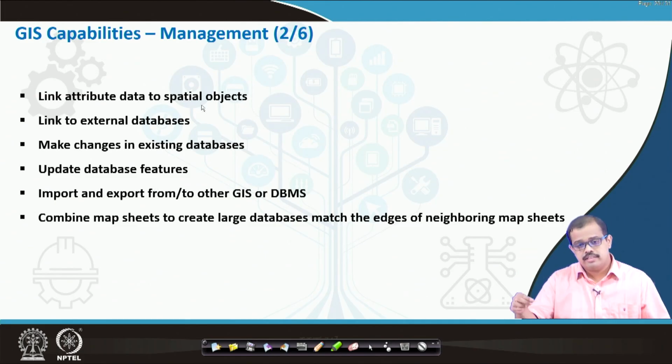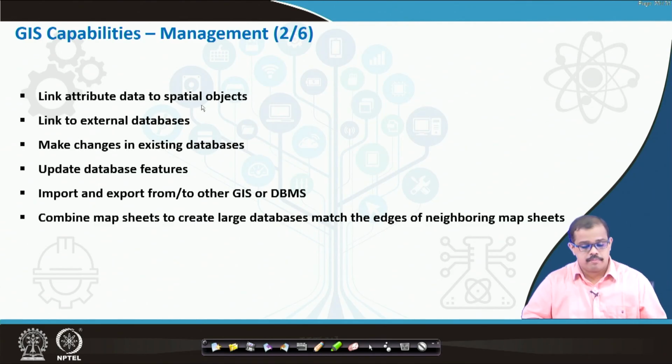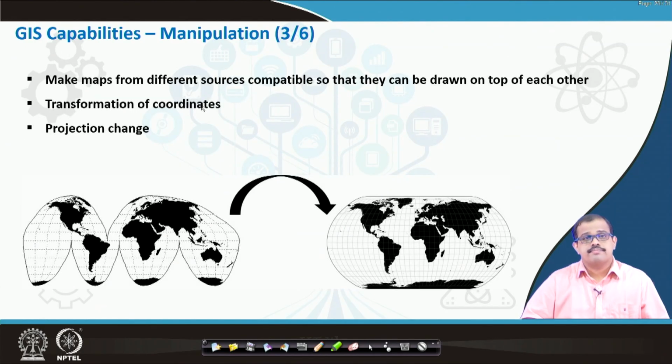This is done based on the edges of the neighboring maps. We'll also look at how we reference a map, how the edge of a map is handled, and how we geographically reference without any errors. All these things we'll look at in the software part of this subject.